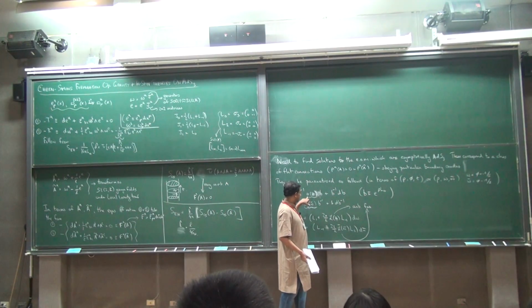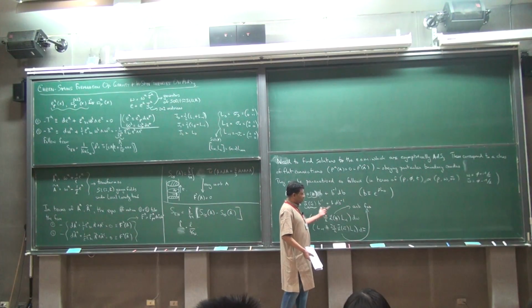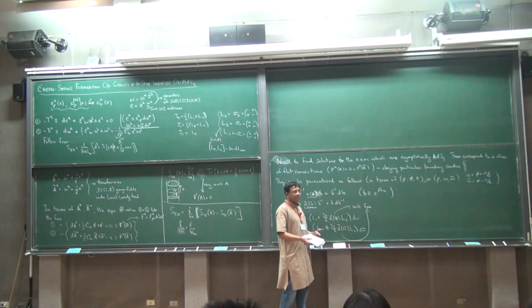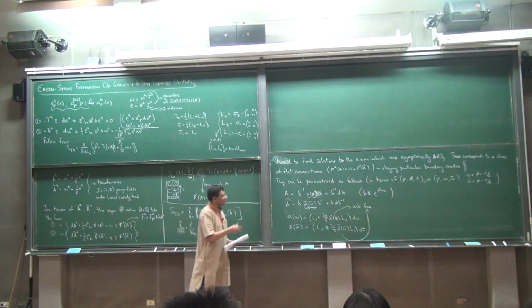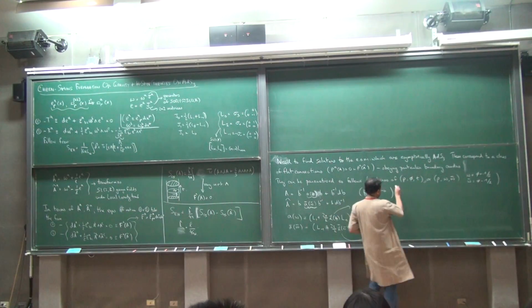So they become equations for this A and A bar, and you can show that the most general solution to those equations is of this form. That's a result of a calculation.